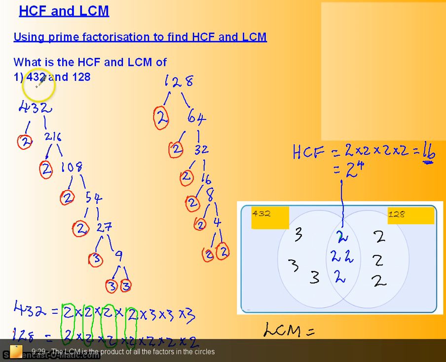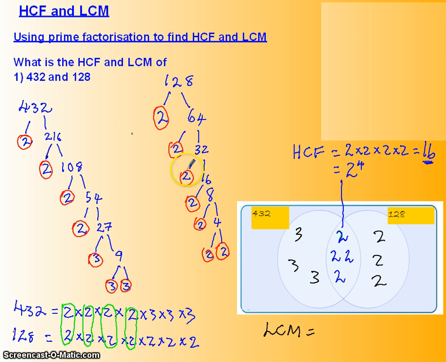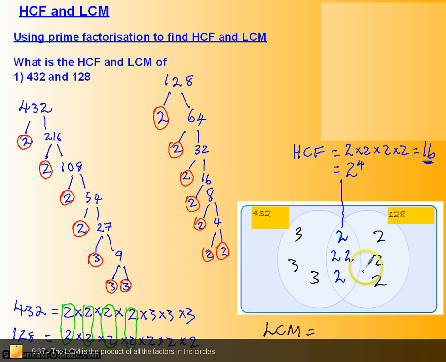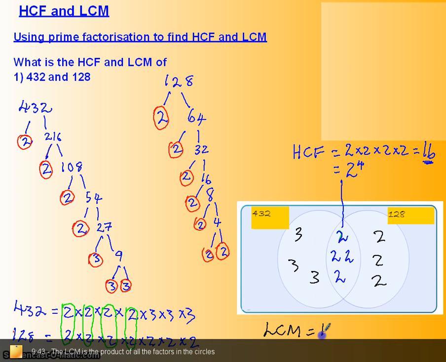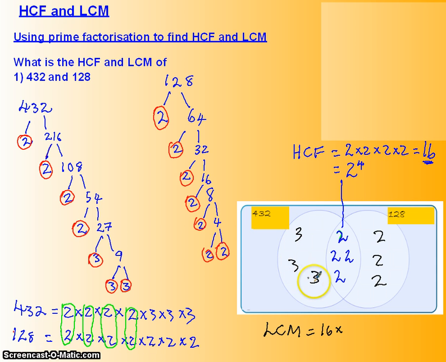So the LCM of 432 and 128 would be the product of all the factors in our circles here. We know that the middle bit is 16 already, so I'm going to have 16 times 3 times 3 times 3, that's 27, and 2 times 2 times 2, that's 8.